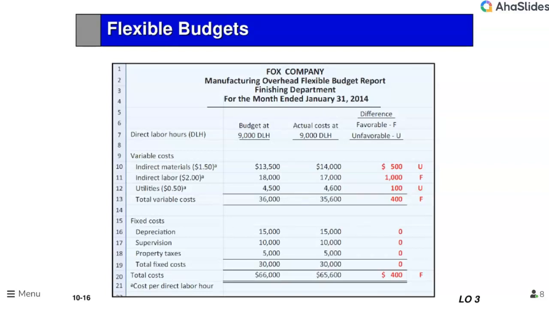Utilities, again, were unfavorable. So we totaled it up, we're out 400, but it's favorable. We came in on fixed costs. There could be a variance in fixed costs, but in this case, there is none. So all in all, the manager did a very good job here of controlling costs. All right.